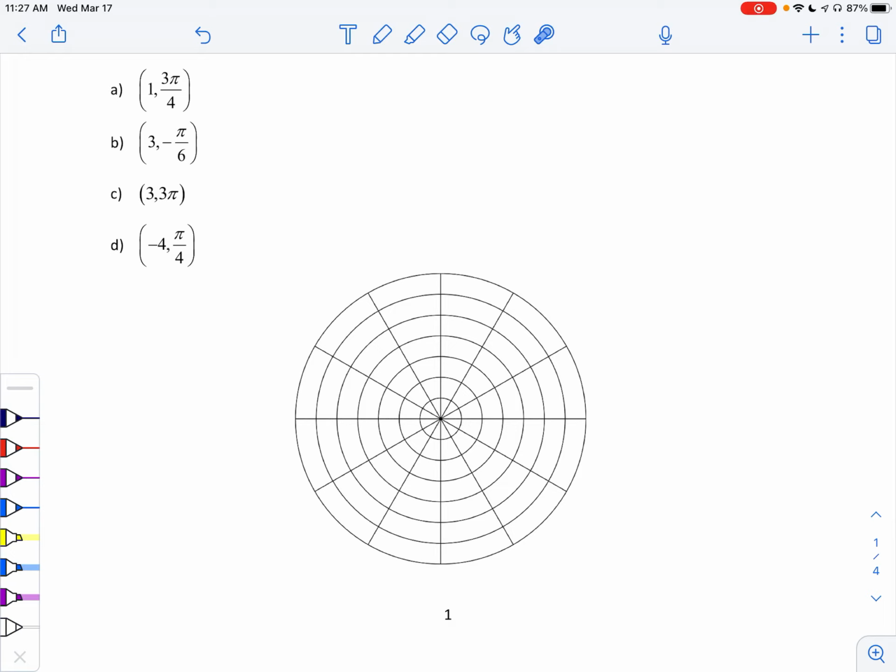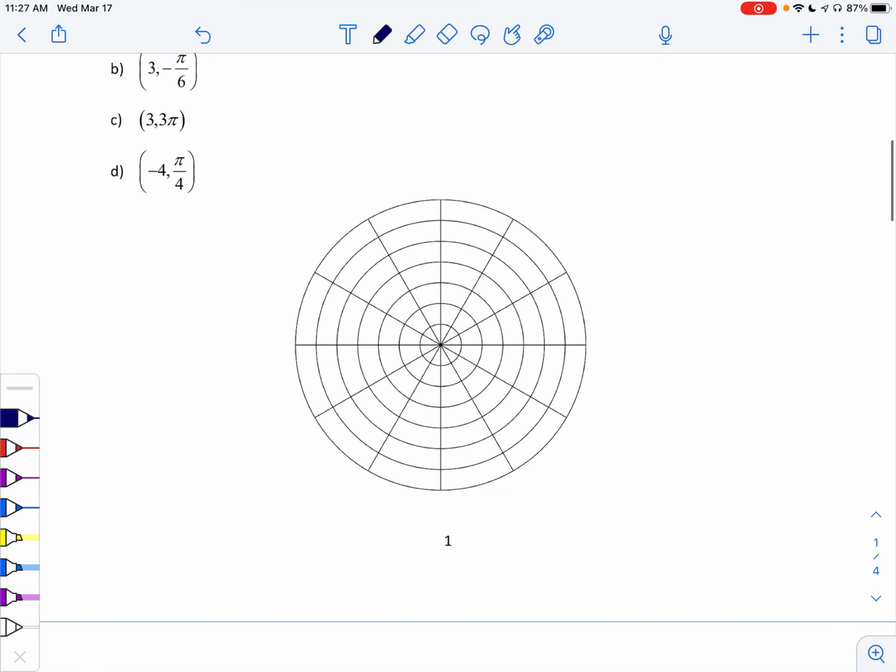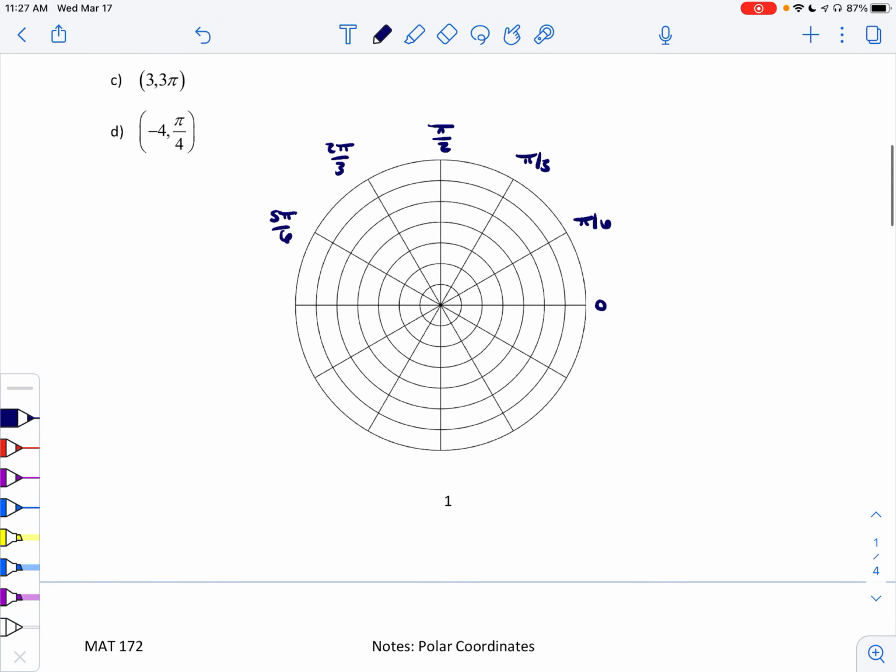And I've gone ahead and I found some polar coordinate paper that has all of the 30 and 60-degree angles on it. So basically, if you think about this like normal, this would be our 0, maybe pi over 6, pi over 3, pi over 2, 2 pi over 3, 5 pi over 6, pi, 7 pi over 6, 4 pi over 3, 3 pi over 2, 5 pi over 3, and 11 pi over 6.